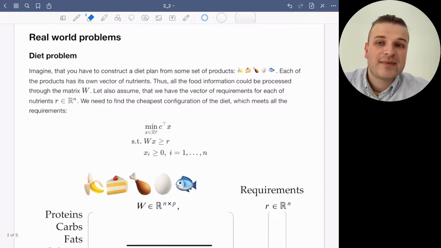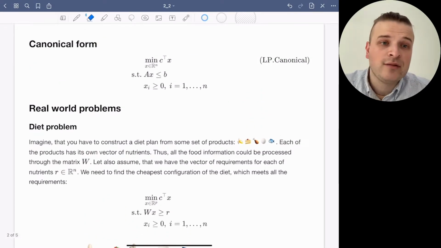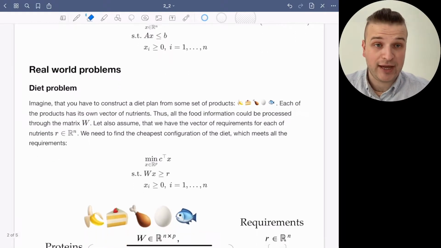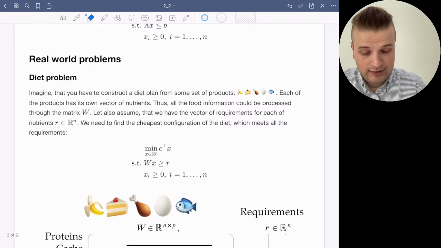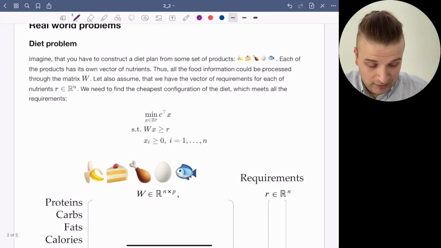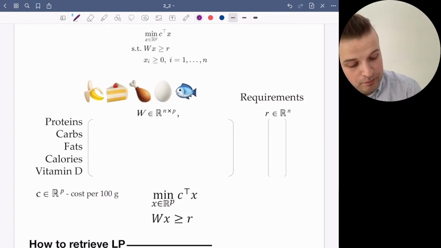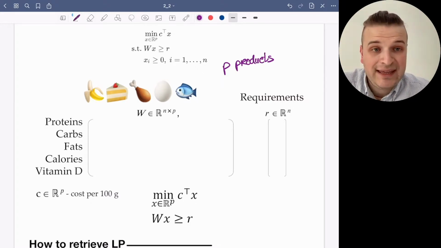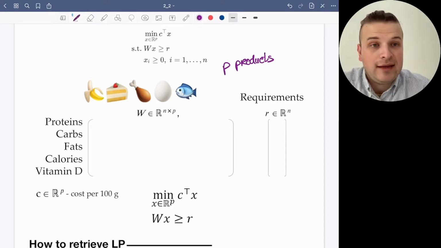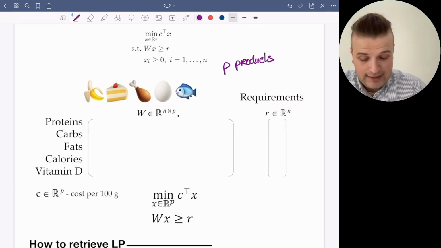Let's consider some simple real-world example of linear programming, which is pretty actual nowadays, right? That's the diet problem here, and suppose we have P products, which could be banana, cake, chicken, egg, and fish, for example.